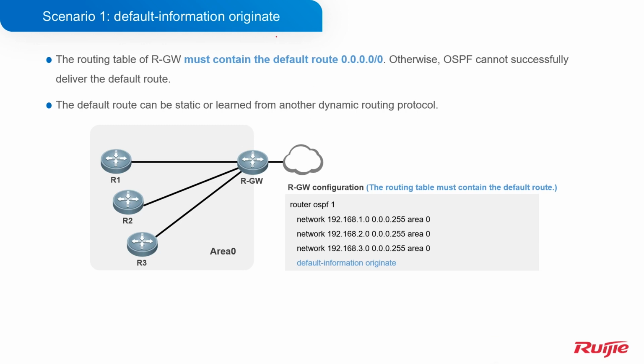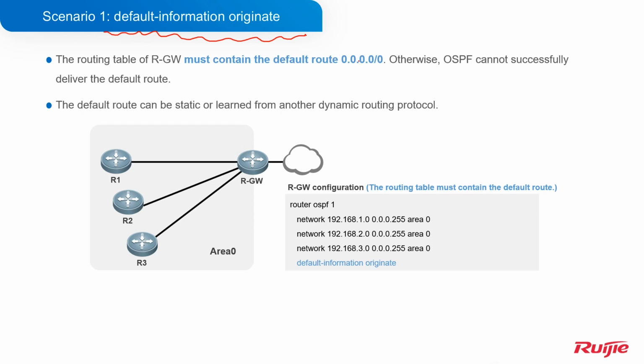For the next page, the first scenario is default-information originate. If we want to use this command, we have to follow the rules. What's the rule? The routing table of the device must contain the default route 0.0.0.0.